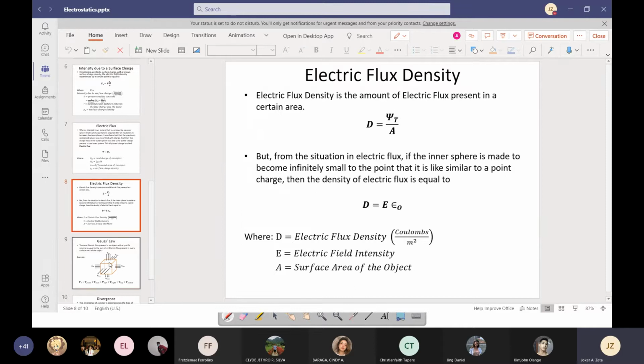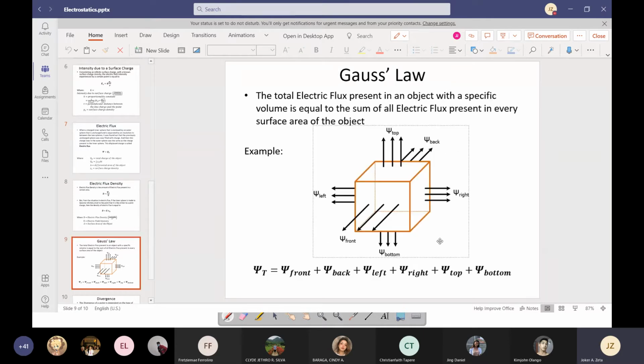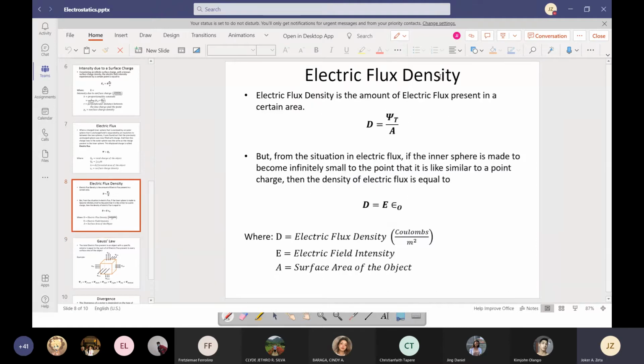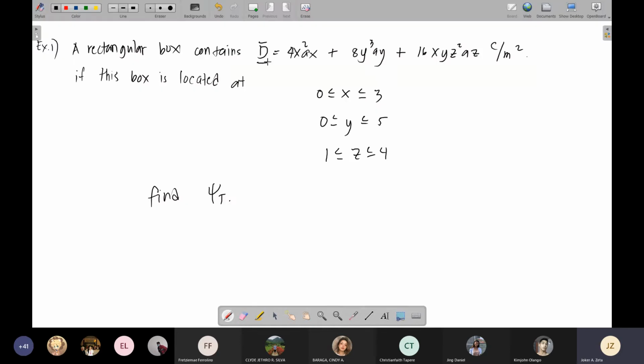That is why in Gauss law we are not going to use the surface charge density. Again, surface charge density is only for a single area. For Gauss law, you have multiple areas, therefore we are going to use the density present on that specific area. Okay, so that is Gauss law. So, we now use electric flux density. Now, how to solve for the total flux of this rectangular box?